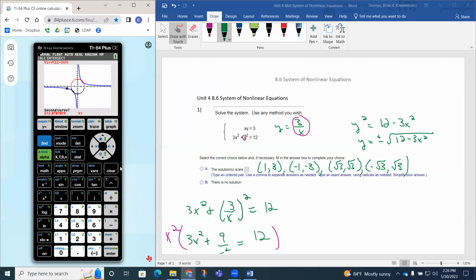Oops, gotta go to the third curve actually. So let me turn that other one off here. Y equals. So do second calculate again for the intersection.